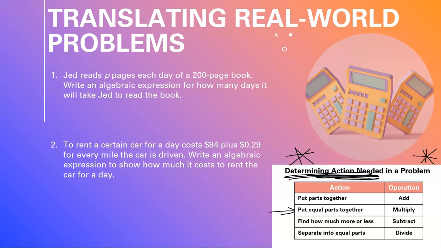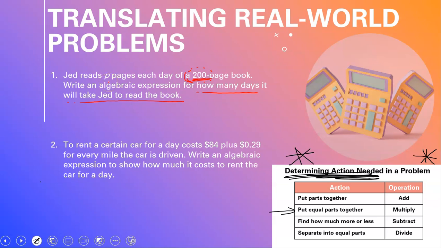Okay, all right. Let's go ahead and give these a shot. Jed reads P pages each day of a 200-page book. Write an algebraic expression for how many days it will take Jed to read the book. We know it is 200 pages. Okay, so 200 is a number that we are given, so we're going to note that that is an important piece here.